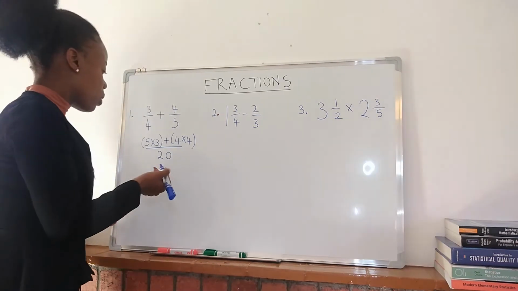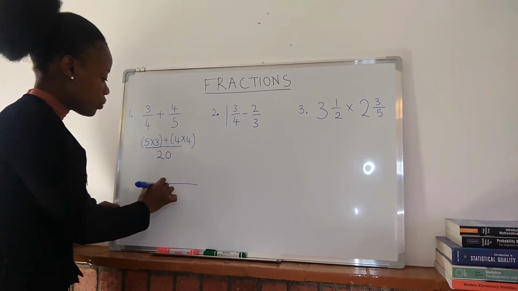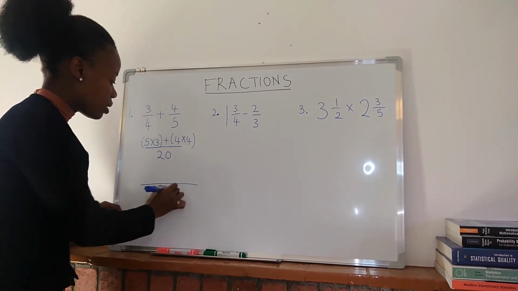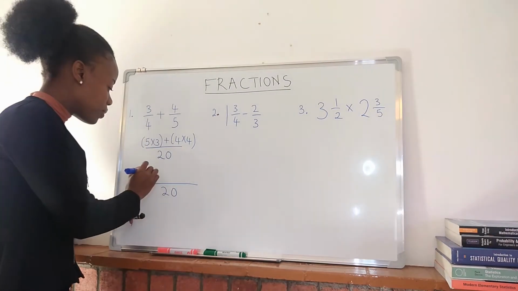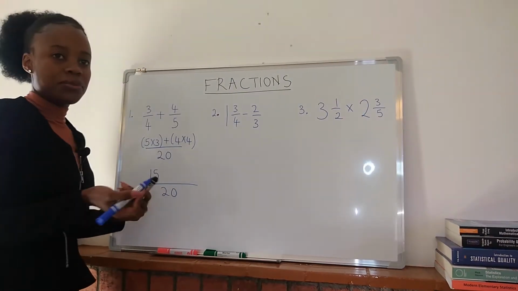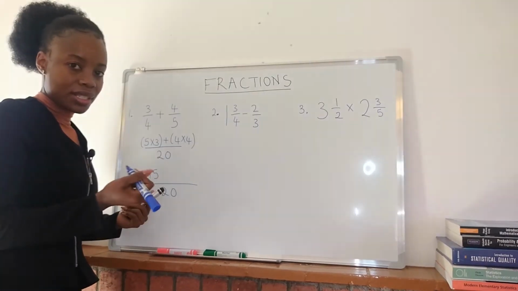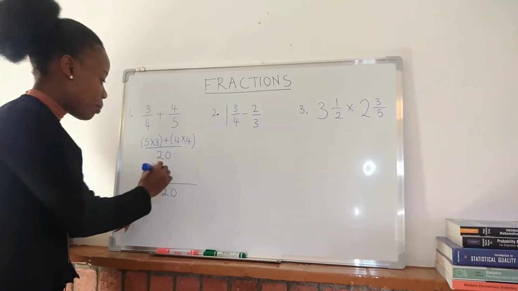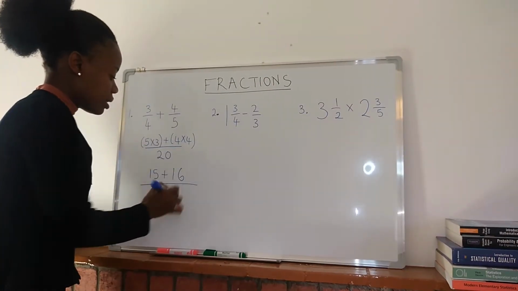So here we have 20 as our denominator, and 5 times 3 is 15, plus 4 times 4, which is 16.